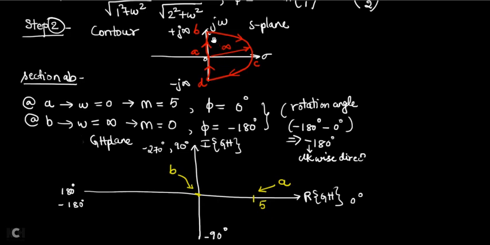So always remember, for any problem of Nyquist plot, you need not do the mapping of BCD. Even if you do, the mapping of BCD will come to the origin. So in any Nyquist plot problem, you just neglect the mapping of BCD.